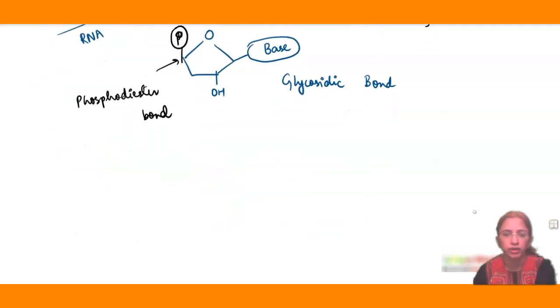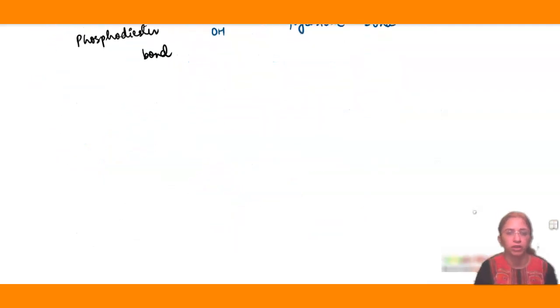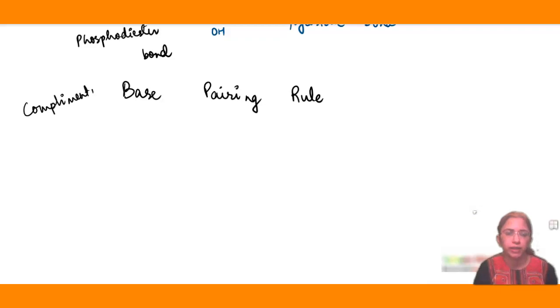Now let's talk about the base pairing rule, or complementary base pairing rule, in the case of RNA.